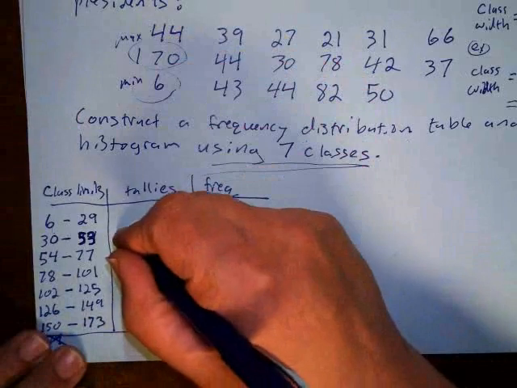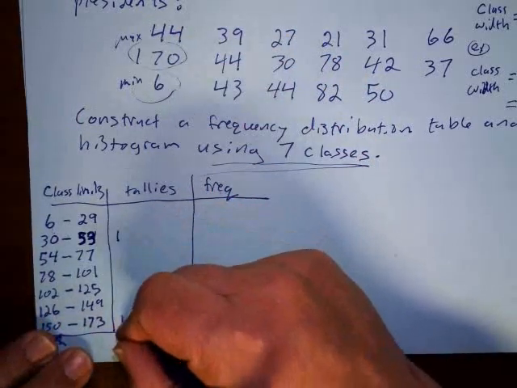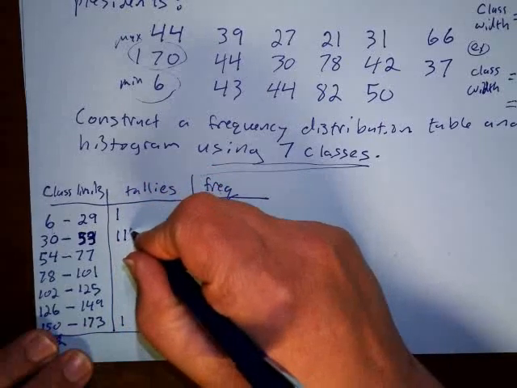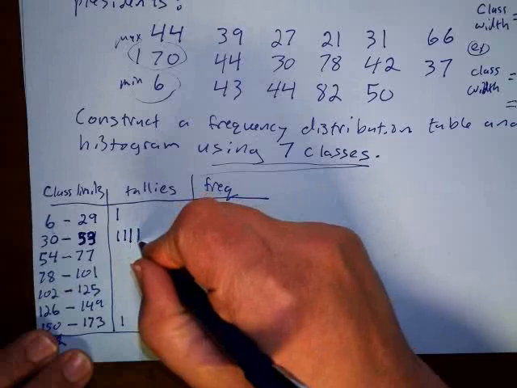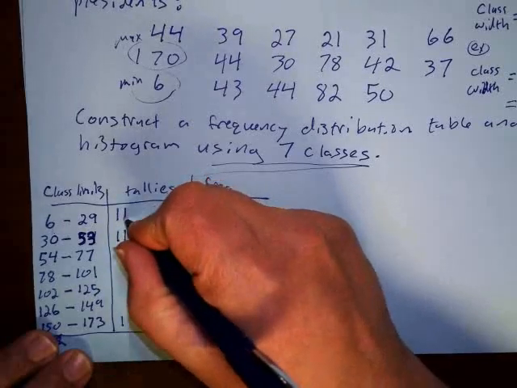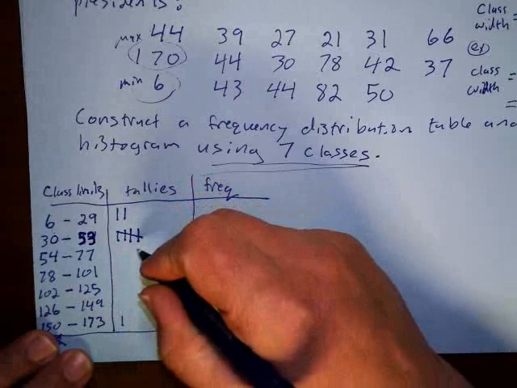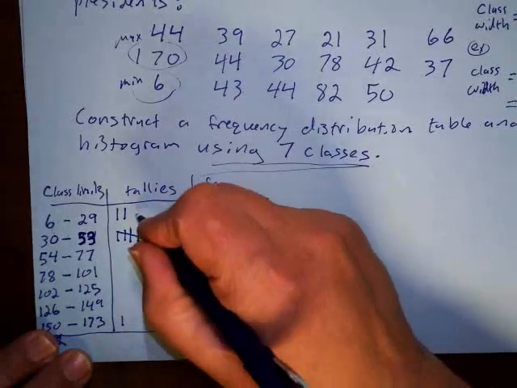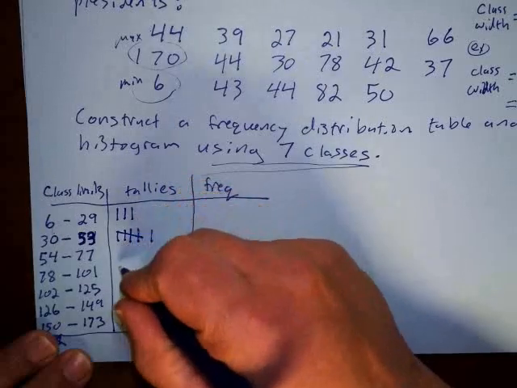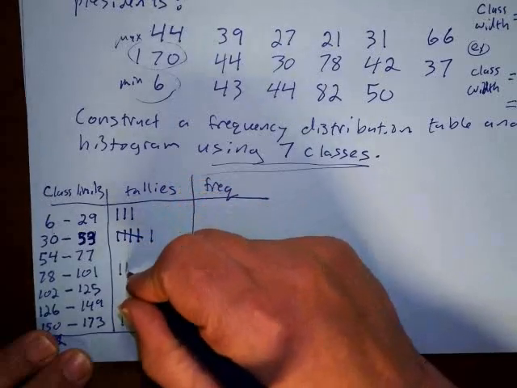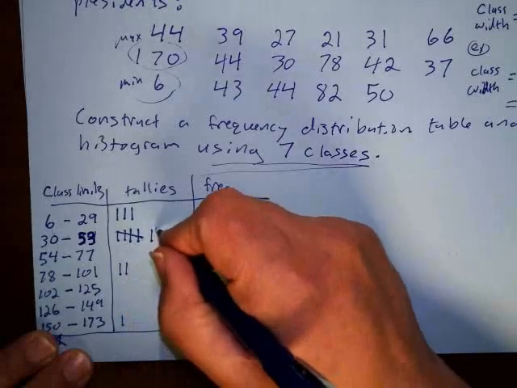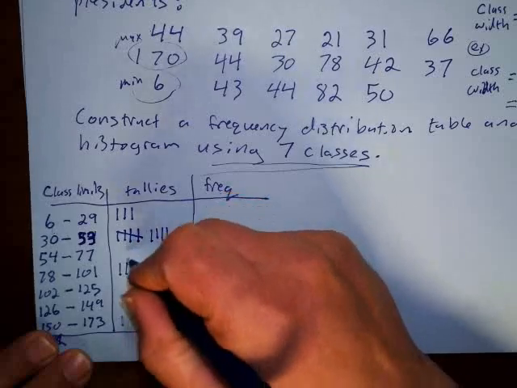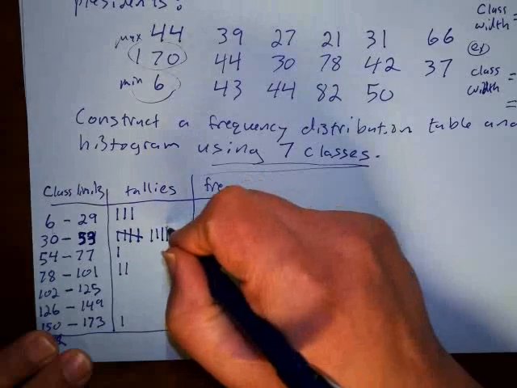So 44 would belong in here, 170 would be there, 6 would be there, 39 is here, 44 here, 43 here, 27 is here, 30 is there, 44 is here, and then 21 would be there, 78, 82, 31, 42, 50, 66, and then 37.